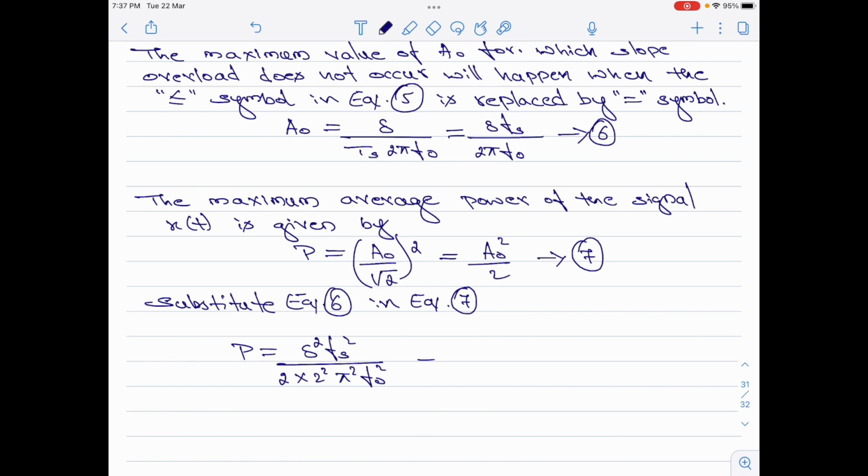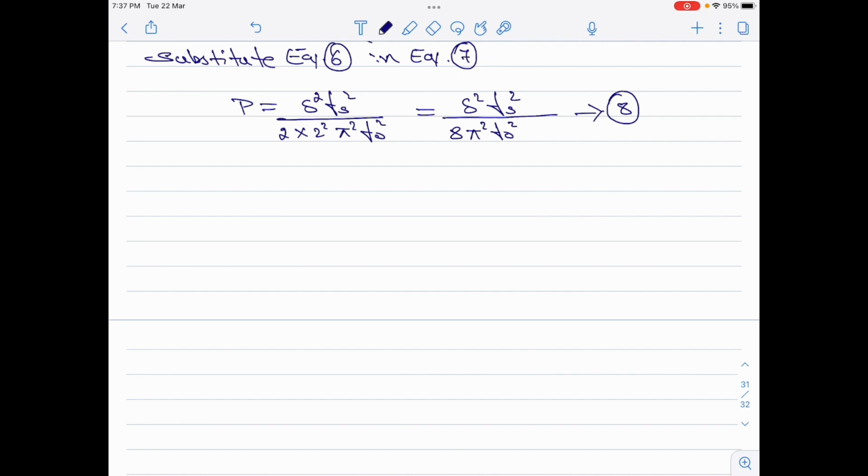So, after simplifying, this reduces to delta square Fs square divided by 8 pi square f naught square. Let us call this equation 8. So, we have now found the numerator part of the SNR equation, which is the signal power. Let us now move on to the noise power, which is here the quantization noise power.